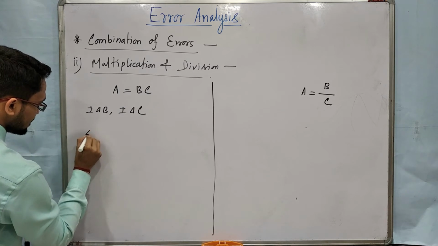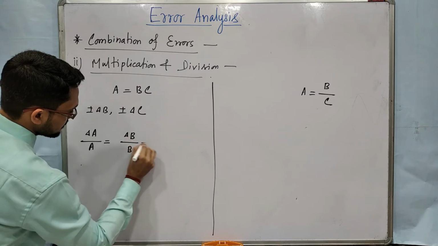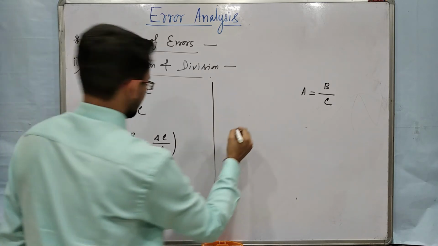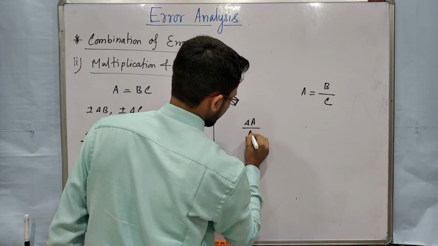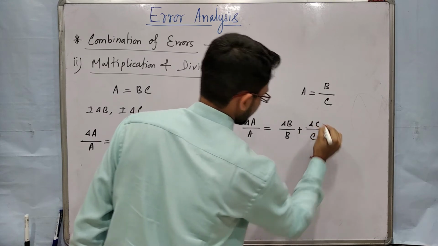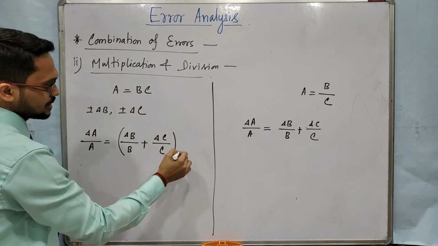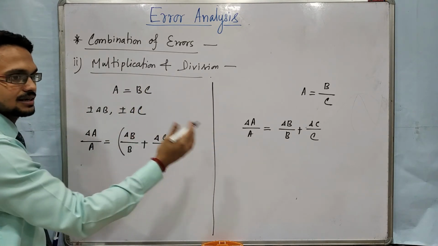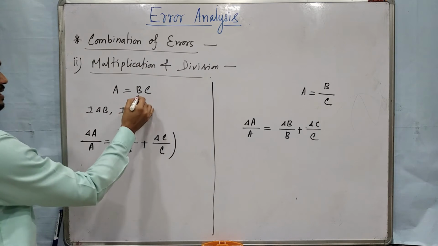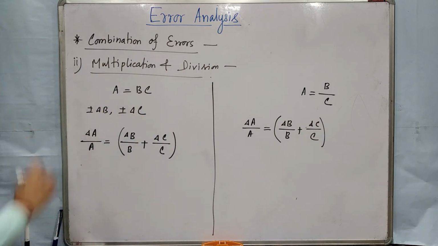It will be delta A by A equal to delta B by B plus delta C by C. If there are more than two factors, B, C, suppose D, then again give plus delta D by D. If there is another factor, then again plus delta of that factor by that factor. In this way it will go on. If it is multiplication or division, the error formulas are similar.